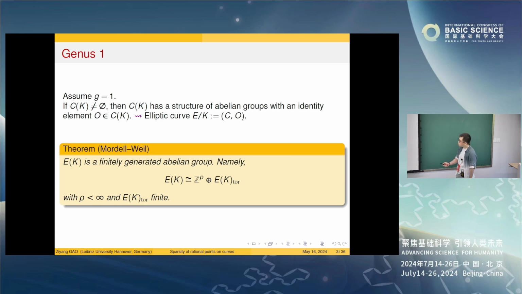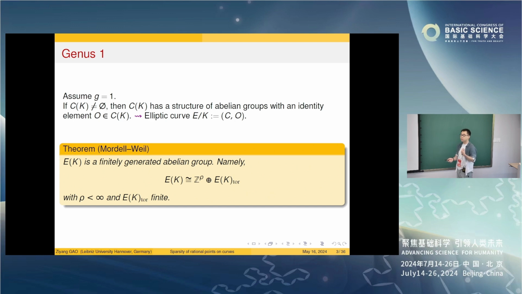Now, to study the structure of E(K), first of all, it's an abelian group. So just by the structure theorem of abelian groups, it has a torsion-free part, Z to the power of rho for some rho, which a priori might be infinite, and the torsion part, which a priori could also be an infinite group.